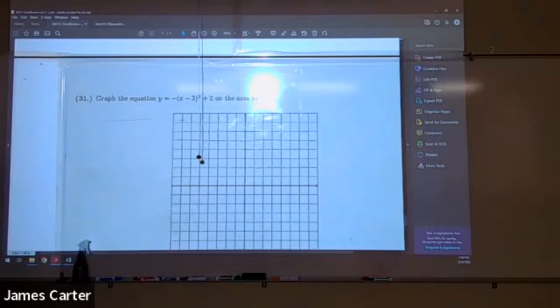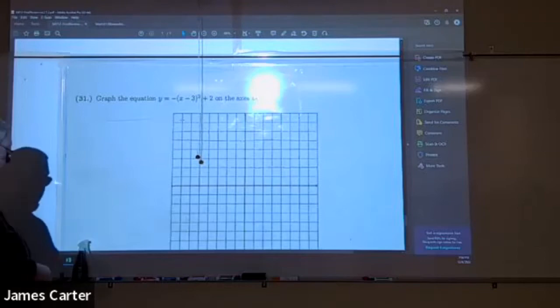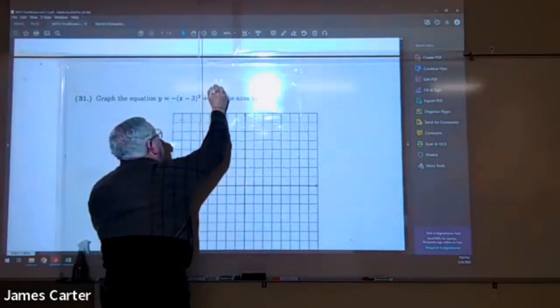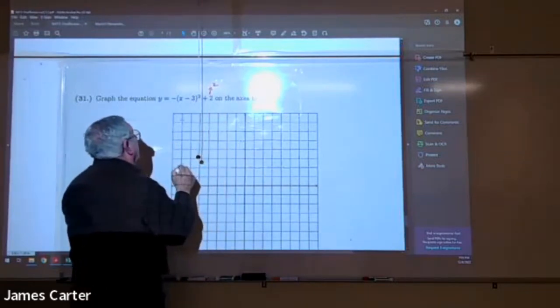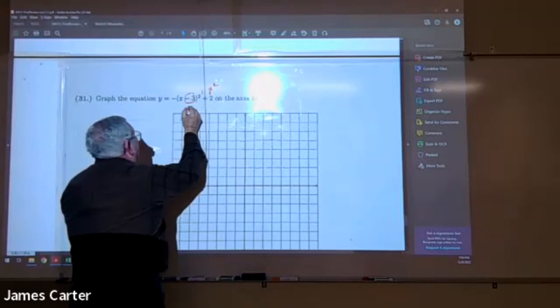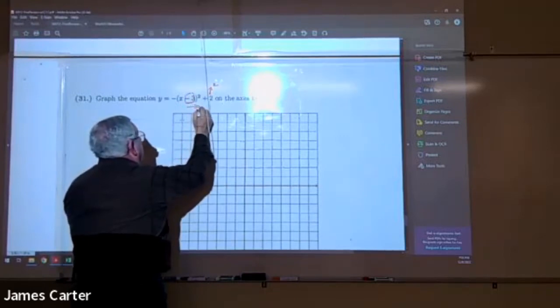Okay, graph the equation on the axes below. Ooh, there's some nasty stuff in this one. Let's see, this is going to go up to, this is going to go right to 3.